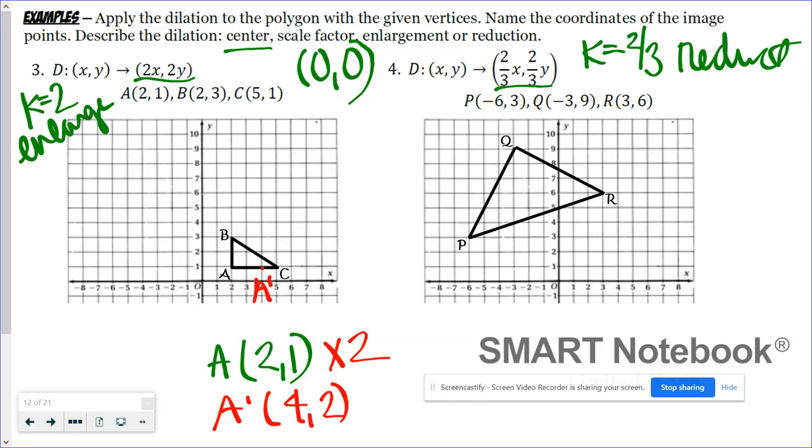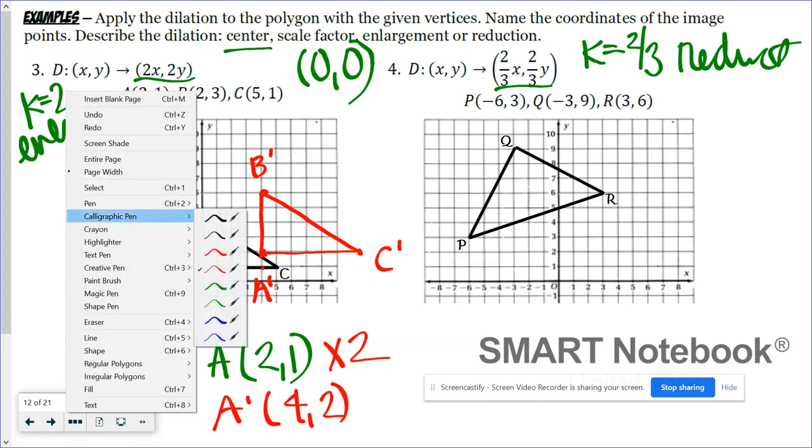And I can repeat and do that for B and for C. So B is 2, 3, so B prime will be at 4, 6. C is at 5, 1, so C prime will be at 10, 2. So I go a little off the grid there. And here is my dilation. Pretty easy, don't you think?